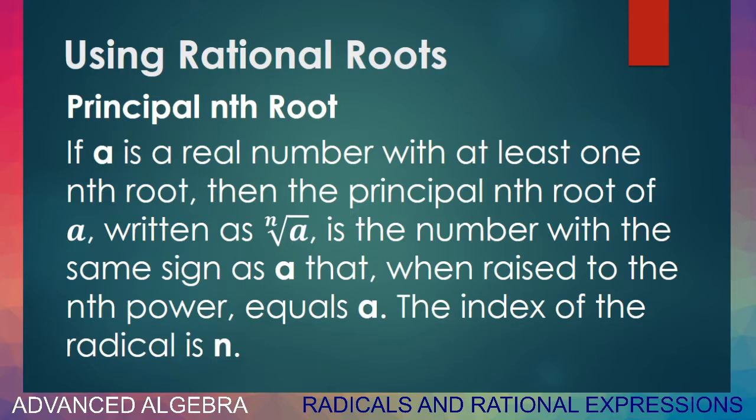Ang tawag dun sa 2, di ba, square root of A, yung 2 dun sa root natin, ang tawag dun ay index of the radical, or radical index. So, yun ang pwedeng tawag dun sa n natin. It's either index of the radical, or the index, simply.